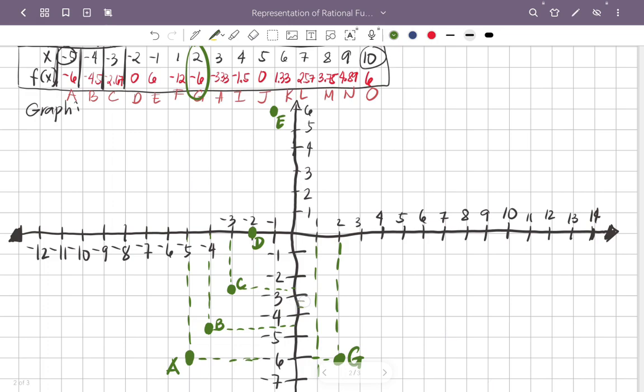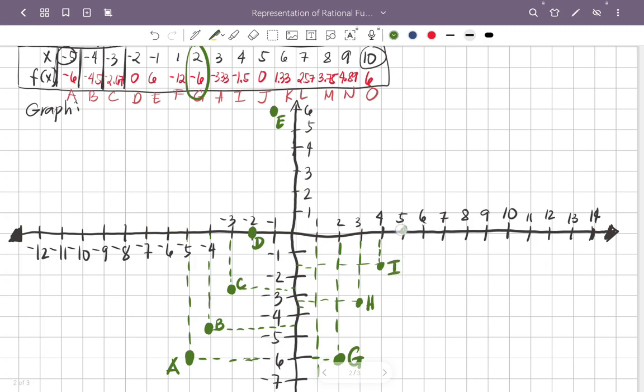Let's say 3 na siya. Nasa 3. This is H. Now 4 is here. And negative 1.5. Let's say there is a tunga. And kana si 4. So this is I.